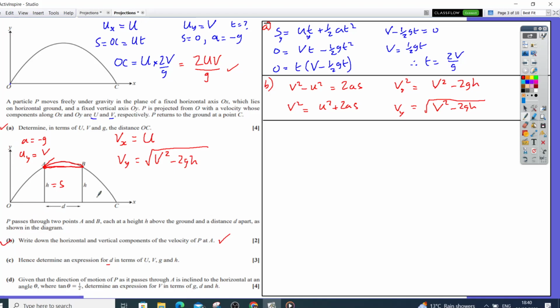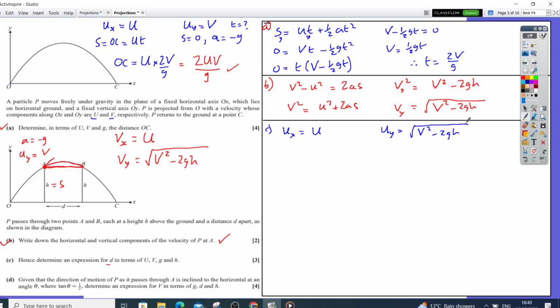So we've done that. I'm going to change the color so it doesn't interfere with us. So this is C. So what do we know? We're going to set the initial velocity here. Now the initial velocity does not change. It's always u. So the x component is going to be u, and the vertical component is going to be this one, which is the square root of v squared minus 2gh.